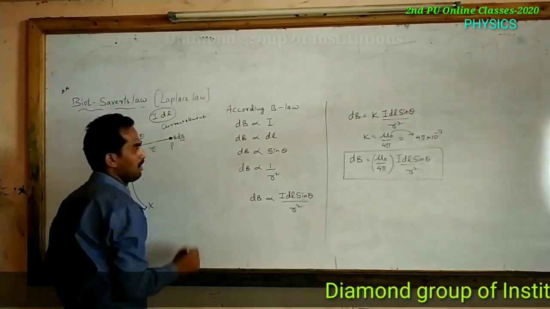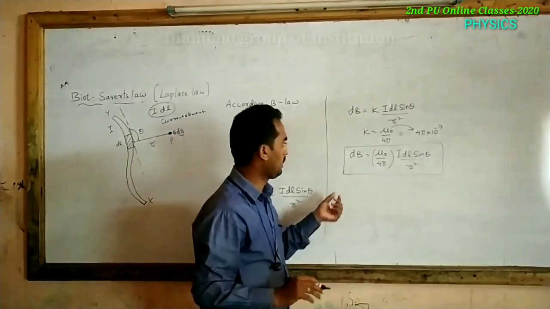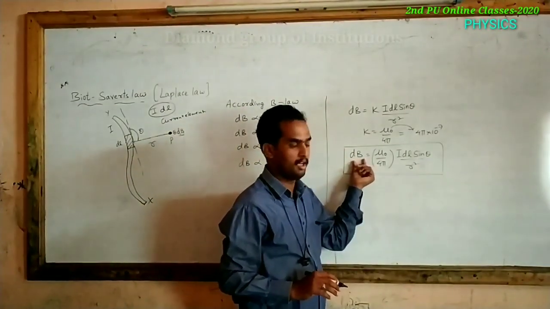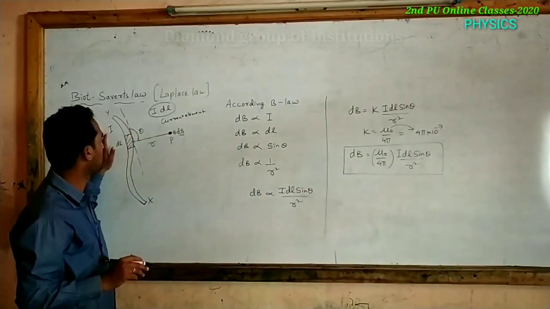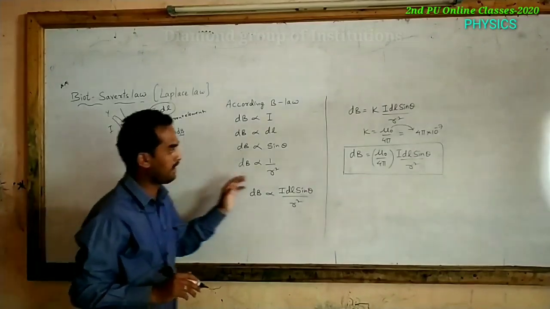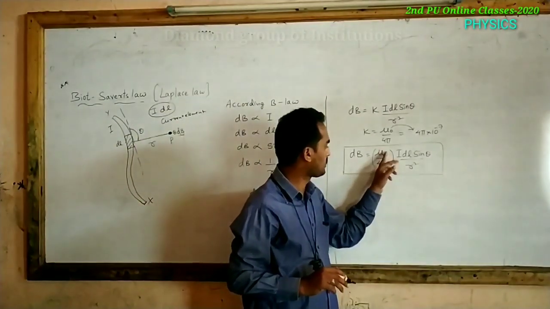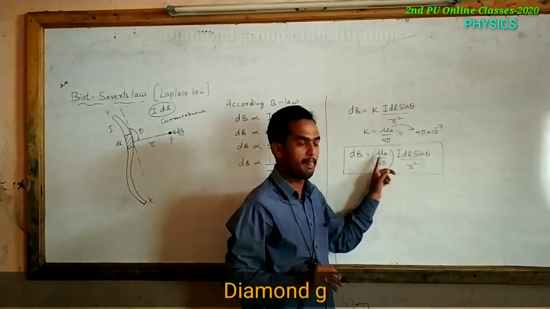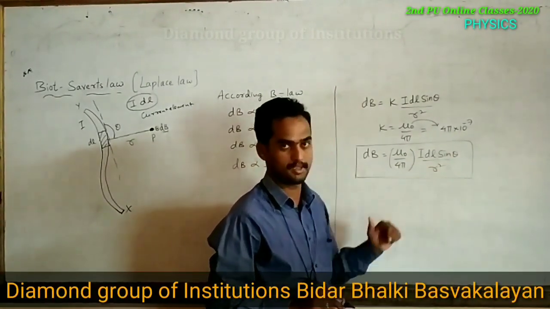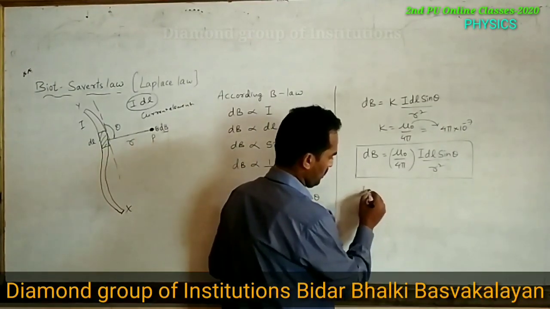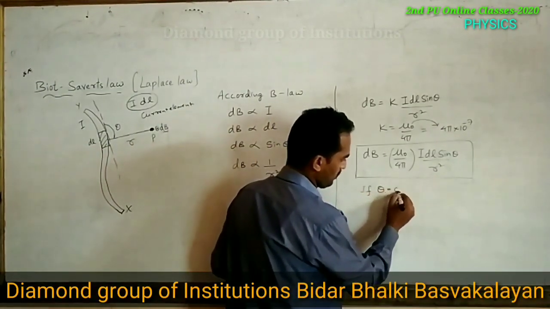This law explains the magnetic field along a conductor in which a current I is flowing. The final answer is dB equal to mu naught by 4 pi, I dl sin theta by r square.